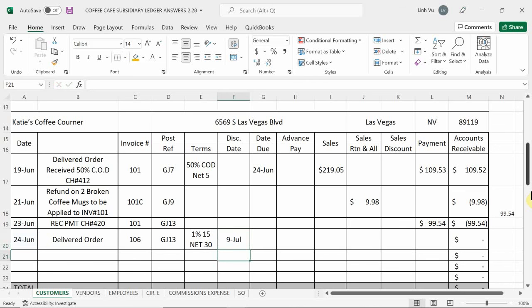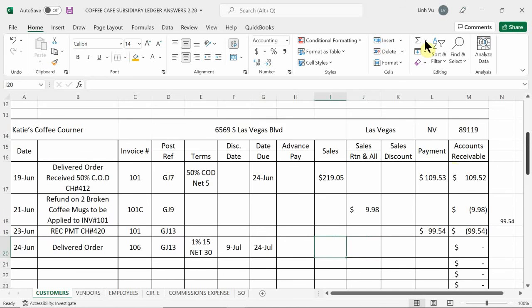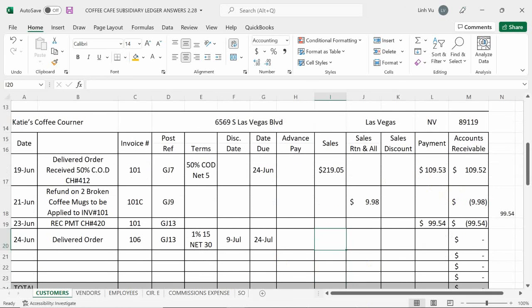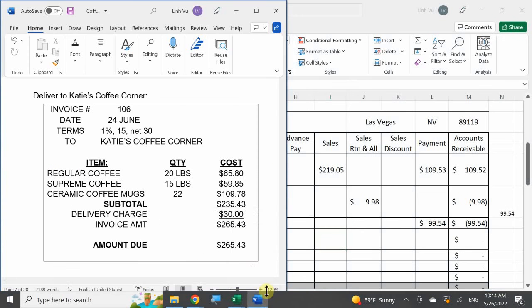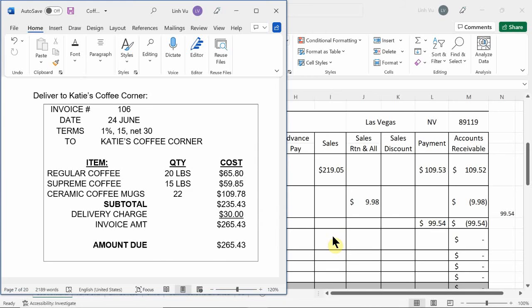15. Yes, I meant the date. July 9th. Good, good, good. And of course, 30 days from now is going to be the 24th of July. Right? For a total of $265.43.